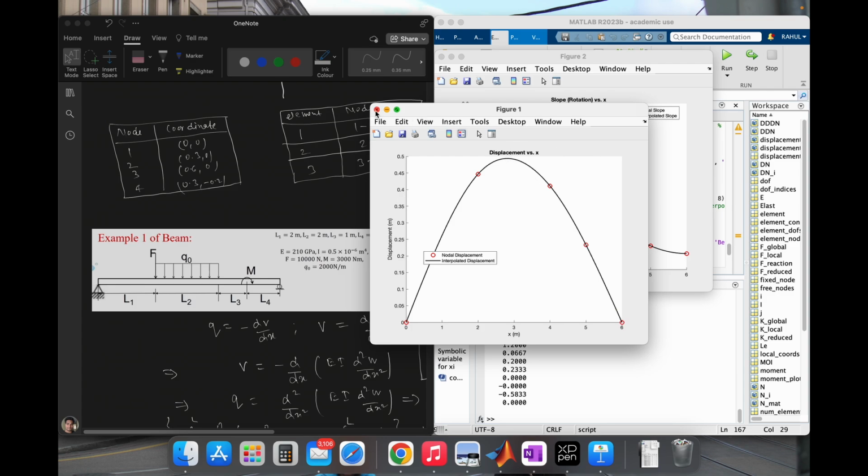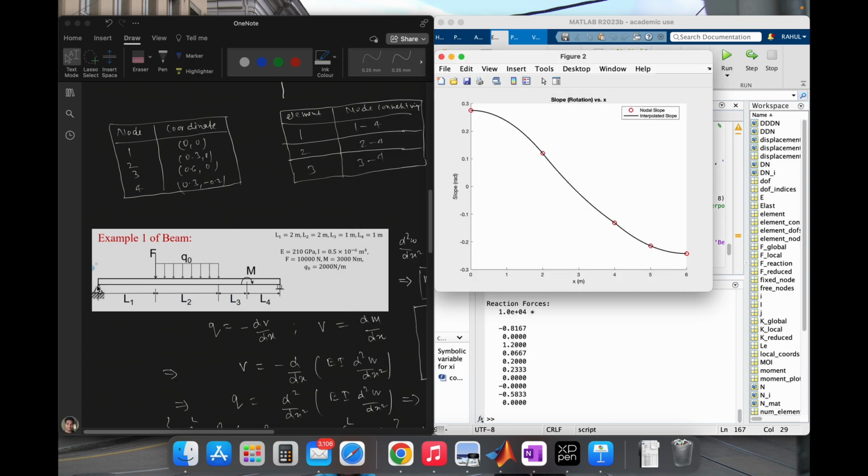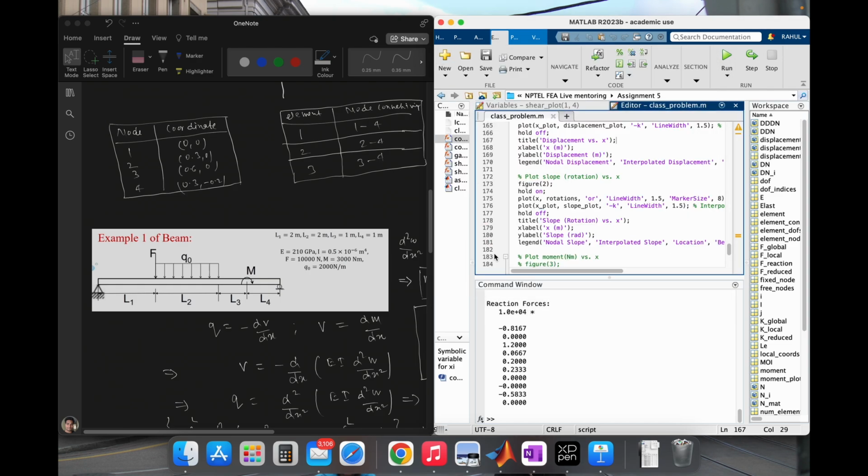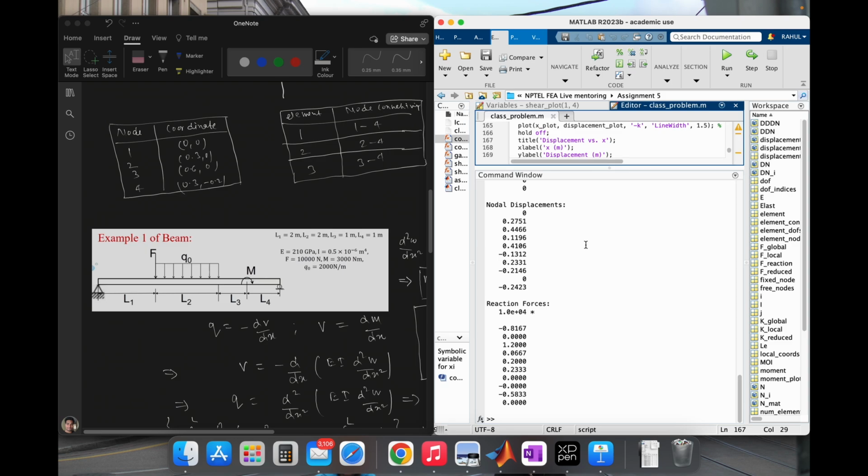We can also see that the slope will be positive because we are considering the clockwise direction, since the beam will bend like this. Here we will get the negative slope because it will bend the other way. So that's why we are getting this solution. So this is all about the class problem.